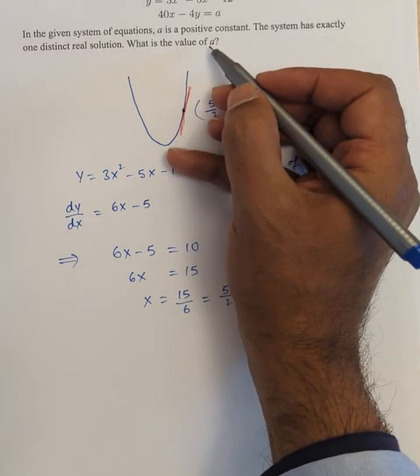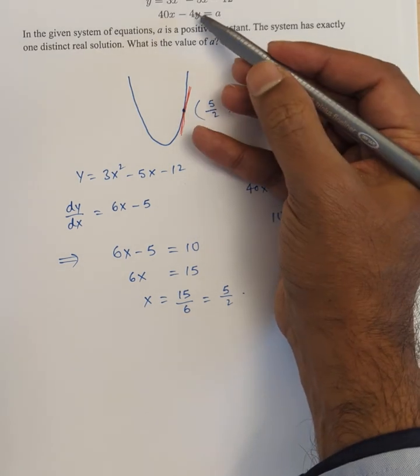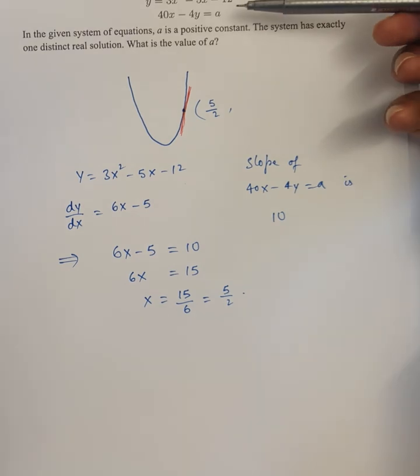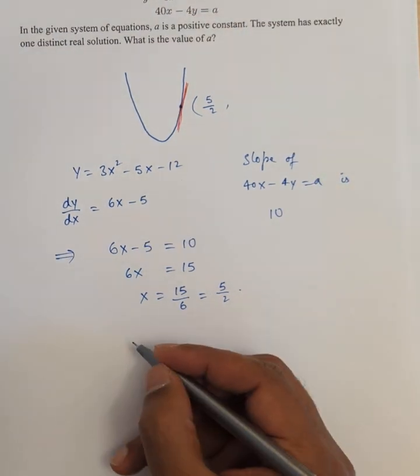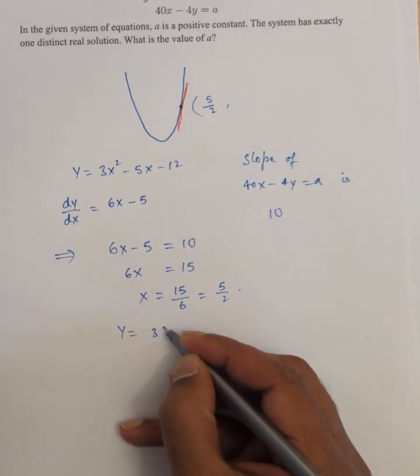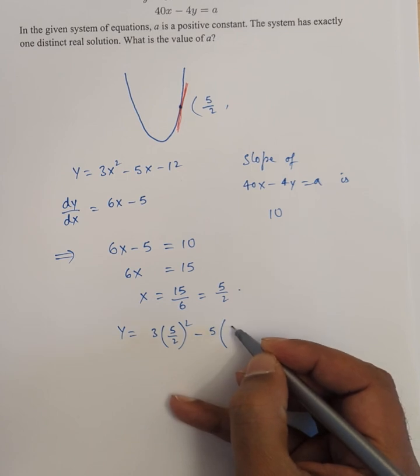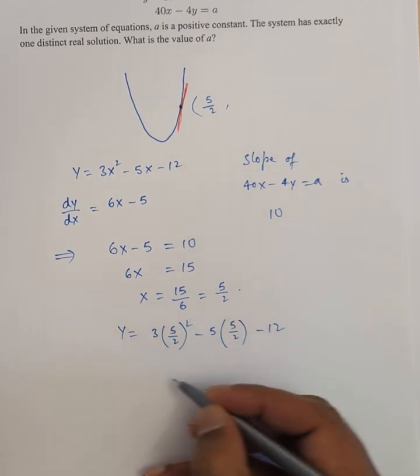And we have to figure out a, which means we also need to know the y coordinate of this point. So how do I get y? Let's go ahead and plug 5 over 2 in for x. So y equals 3 times 5 over 2 square minus 5 times 5 over 2 minus 12.